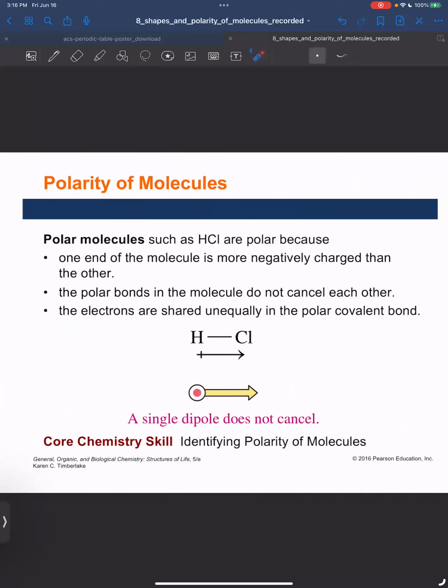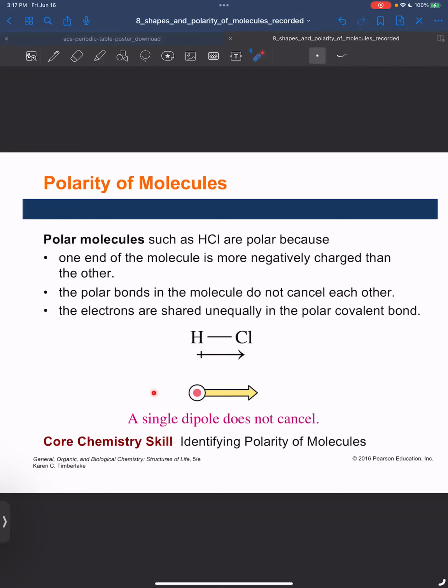Polar molecules such as hydrogen chloride are polar because one end of the molecule is more negatively charged than the other. Remember in the previous video, I said, in this case here, this chlorine doesn't like to play, right? It's taking all the electrons away from that hydrogen, right? It's not sharing nicely. The polar bonds in the molecule are not canceling each other out.